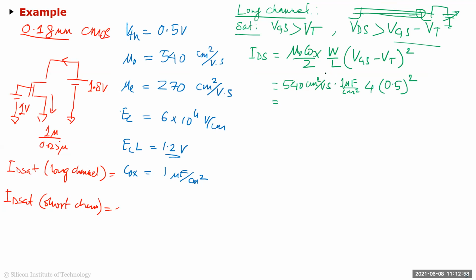Centimeter square cancels, microfarad per second becomes microamp. So this will be 540 times 4 times 0.5 whole square, which is a quarter. So it's 540 microamps.